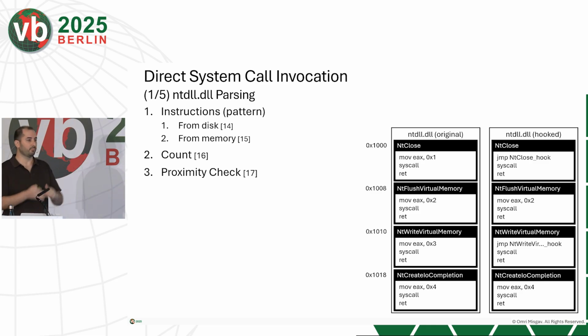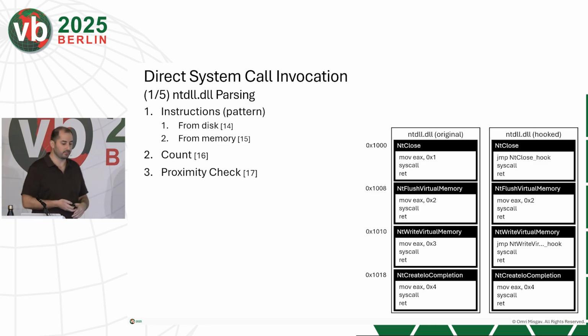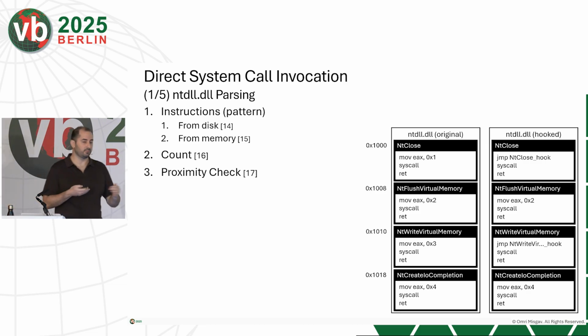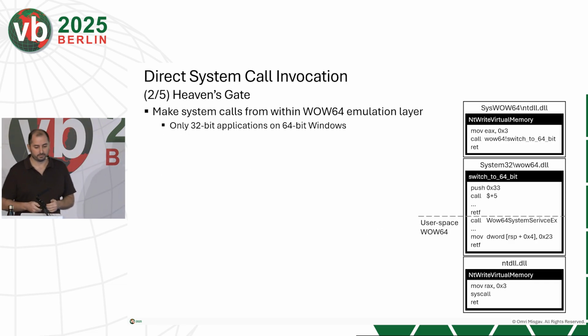This is how they are placed in the file and in memory itself. So you can either count till you get to the function you want, create a sorted list and count, or just go directly to the function you want to use. And if it is hooked, you can go to its neighbor and try to parse the index directly from it, and then add or subtract depending on the direction you took.